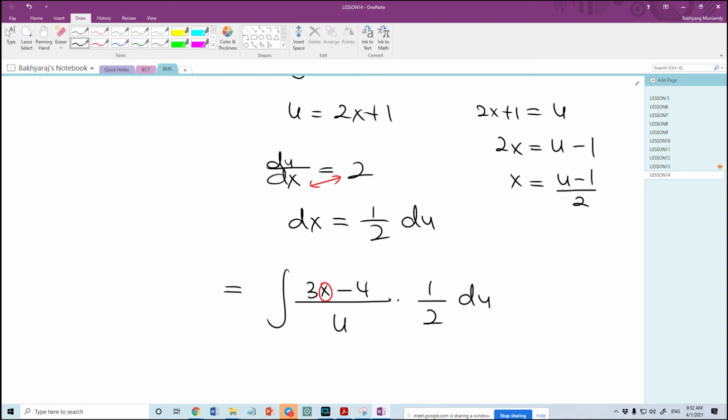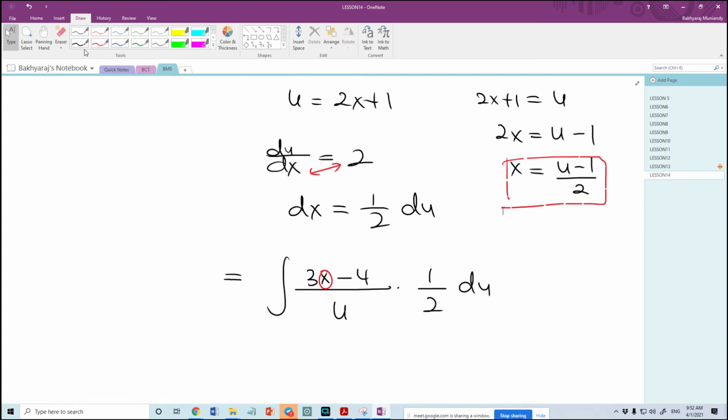What is our next step? Now I already have the answer for x. Next I proceed for the substitution part.